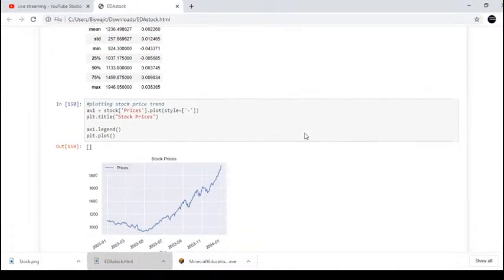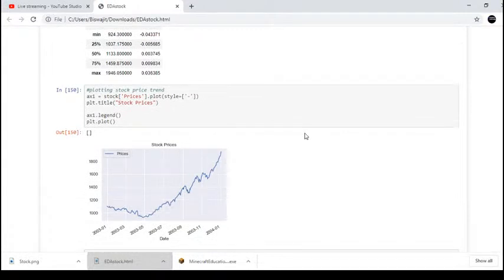Alright, and then I'm going to first plot the data. It's a line plot, and we're going to plot prices by using matplotlib, which we have imported. The way it looks is that initially there is a drop in the price and then it suddenly goes up, right?